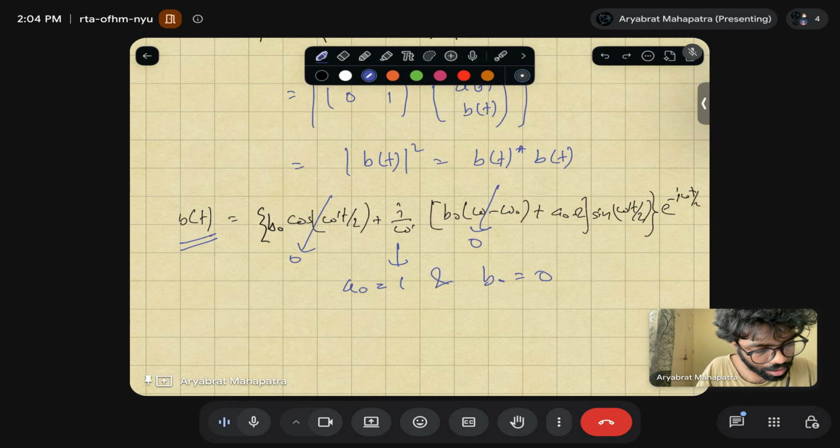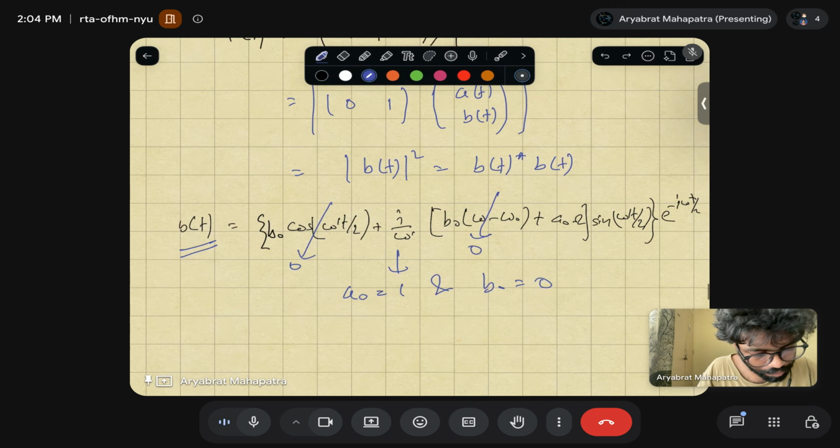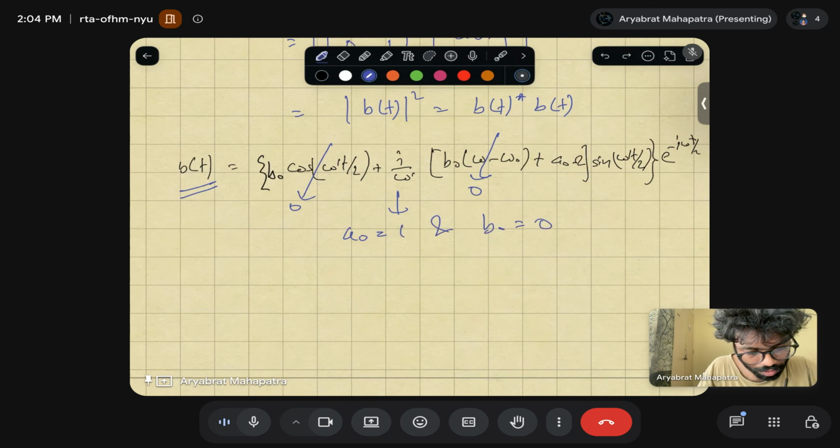So from here you can get what is b of t, and then from b of t you can calculate, it would be something like omega by omega prime square sine square omega prime t by 2.